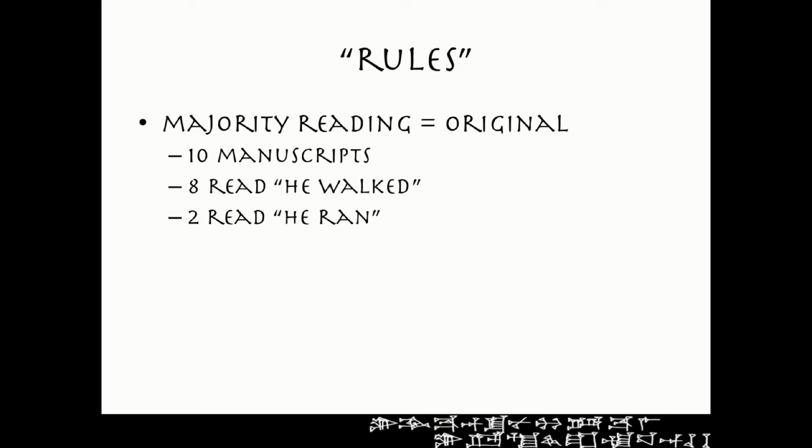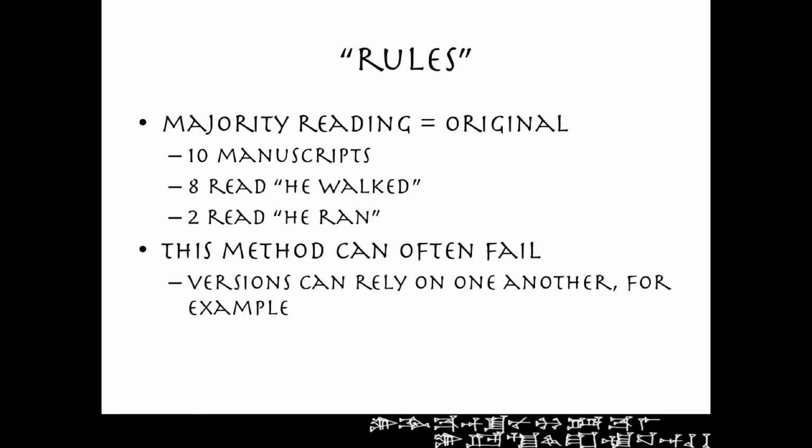If you have 10 manuscripts and 8 of them say he walked and only 2 of them say he ran, you might say, well, 8 of them have he walked, and so that means that the original must have been he walked, not he ran. Well, that's not necessarily the case. I'm sure that there are many times that is the case. But this method can often fail. For example, versions will often rely on one another, and so you might have different witnesses that have the same variant, the same reading, but as it turns out, they borrowed from one another.